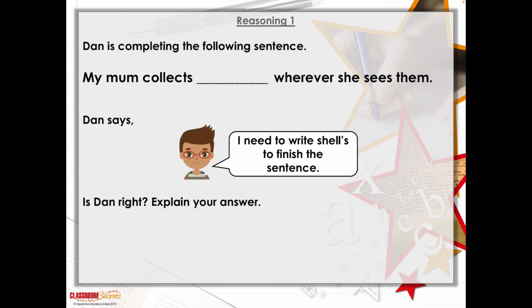Does anything belong to the shells in this sentence? No, it doesn't. It's a plural spelling because she's collecting more than one shell. So there's no apostrophe needed. So Dan is incorrect because it should be shells without an apostrophe.